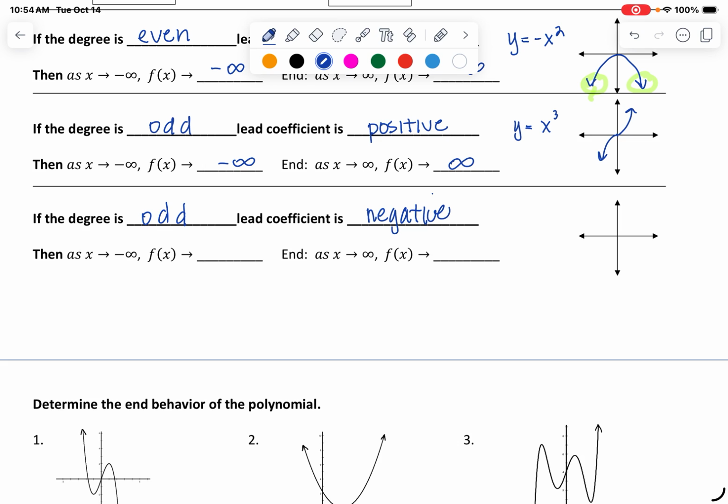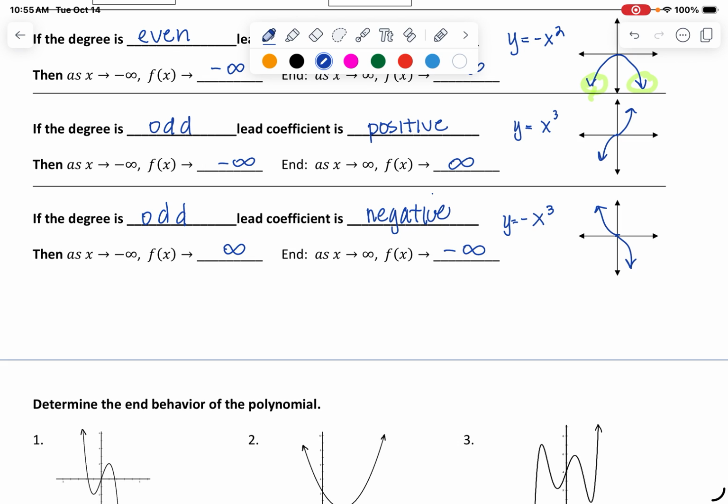And then for our example of an odd degree, we'll do x cubed again. Negative lead coefficient, we'll do -1, so we have y equals negative x cubed, which looks like this. As you look left, upward, as you look right, downward. So this is positive infinity, negative infinity. All right, so how can we summarize this? If the degree is odd, the arrows are pointing in opposite directions.